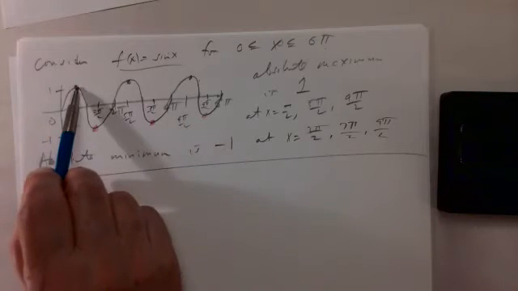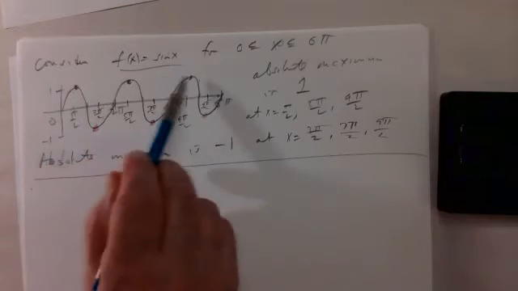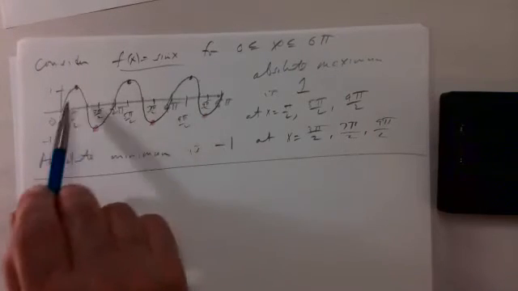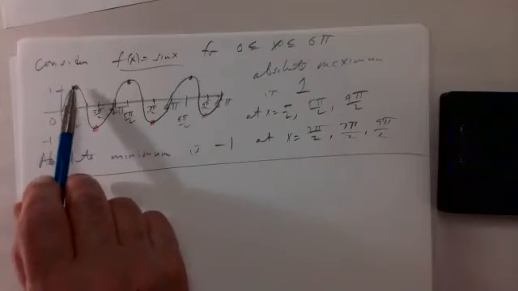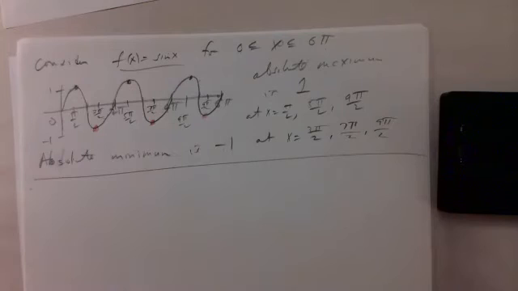The absolute maximum value is 1. But in this interval, the function is equal to 1 three different times. Oh, okay. So there's only one absolute maximum value, but the function can hit that maximum more than one time. Okay? All right, thank you.